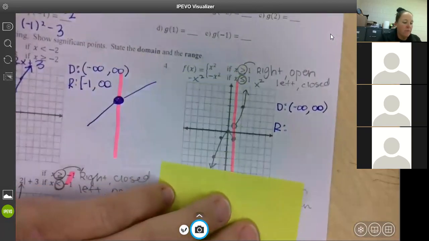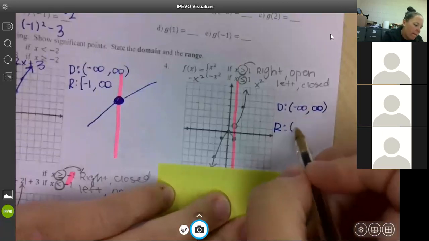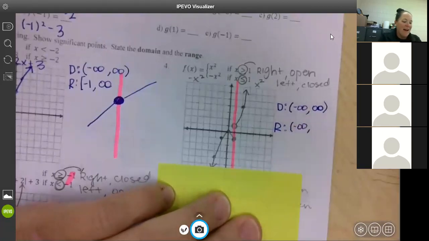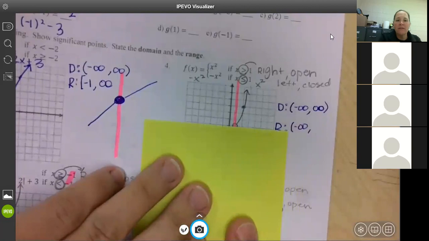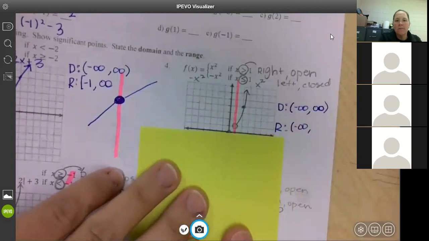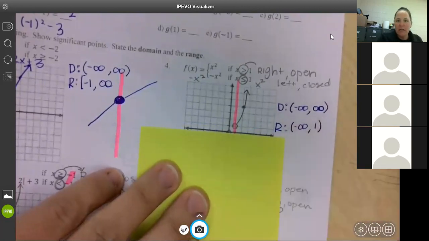All right, coming from here on the bottom, what do you see? Negative infinity. As we move up, we see a hole and we don't see any other graph on this hole. So we do have to stop. Tell me what we stopped at. 1. It is not included, so we put a parenthesis.